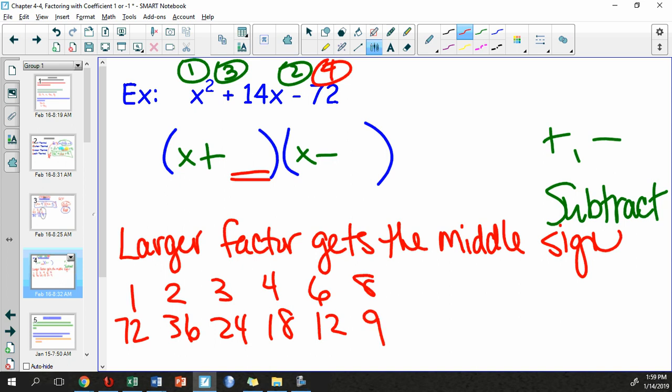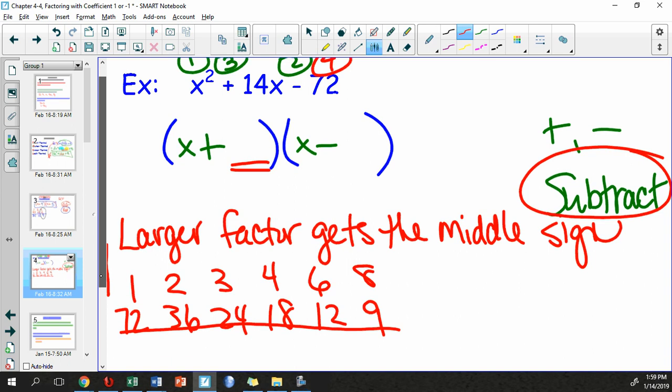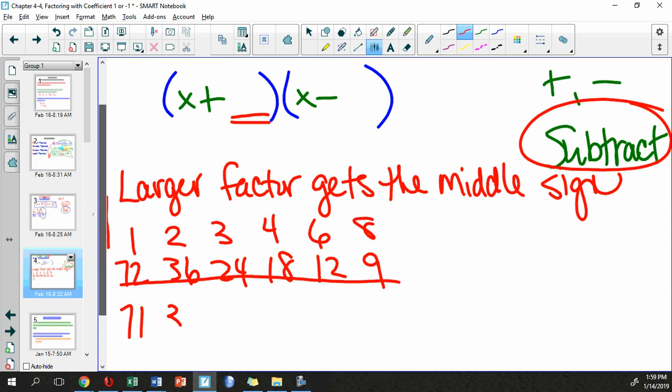So those are all the factors of 72 that we just came up with from Calculator Soup as well as from our brain, yes? Now, it says that we are to subtract our factors. So if I subtract this, I'm going to get 71, 34, 21, 14, 6, and 1.